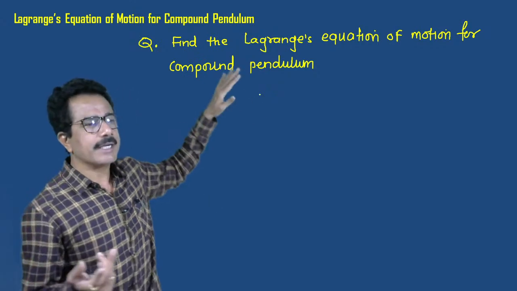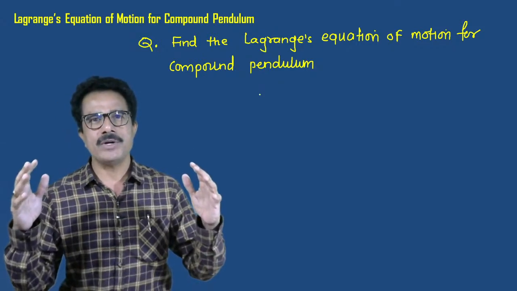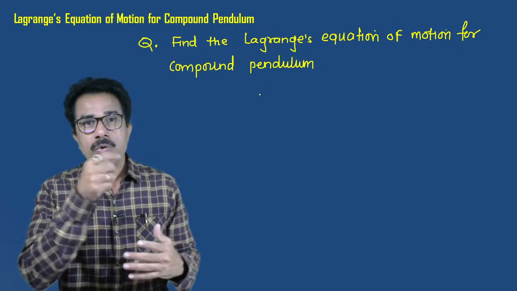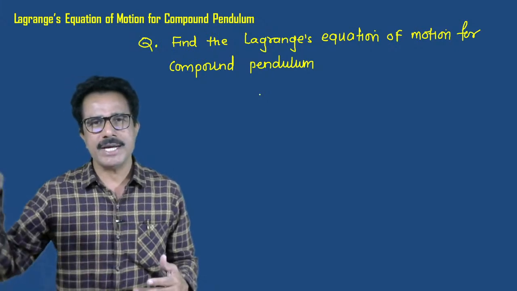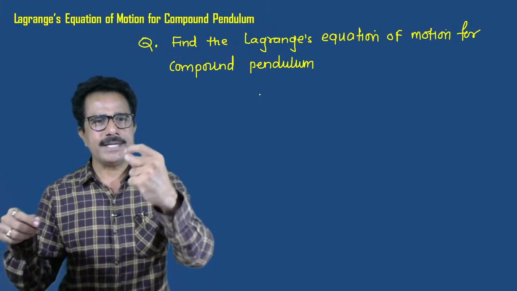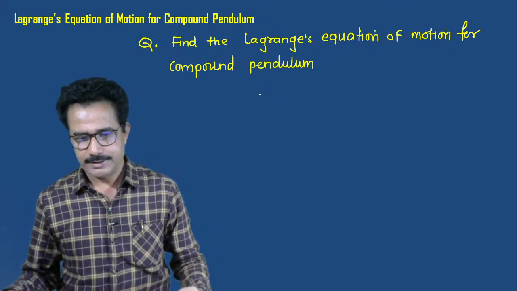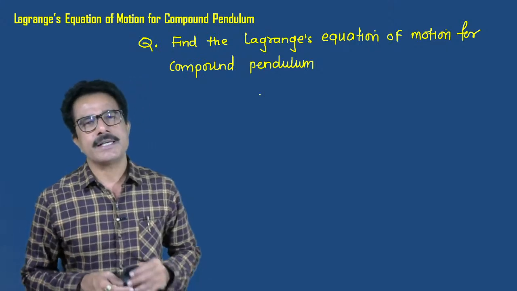And third is a compound pendulum. Compound pendulum means a rigid body oscillates about some particular fixed point. Then such a type of pendulum is called a compound pendulum.